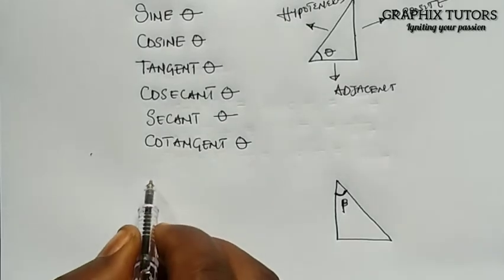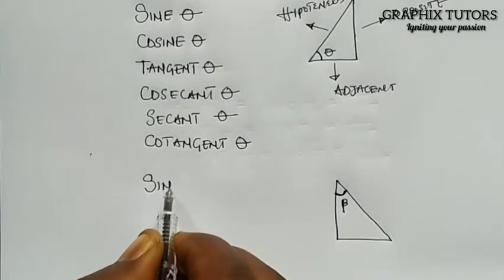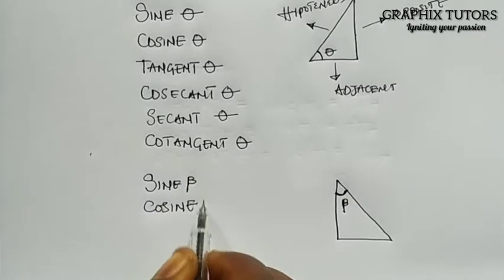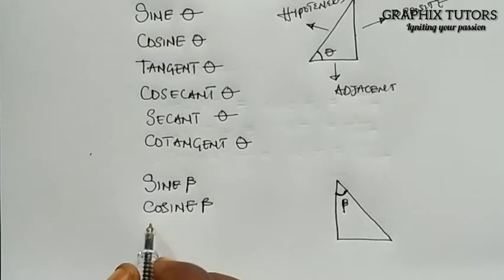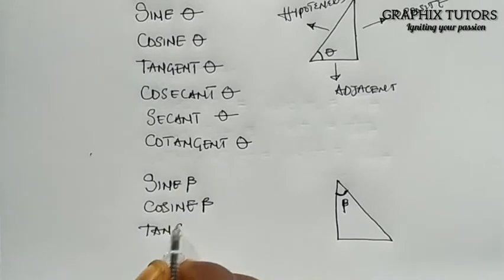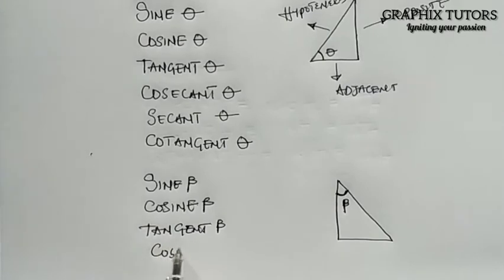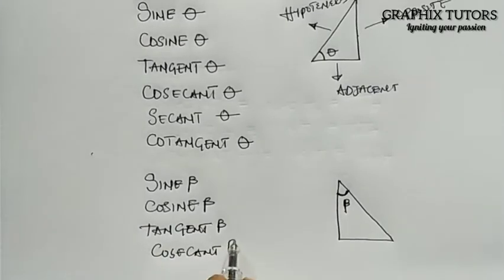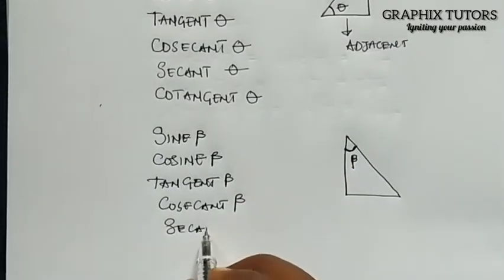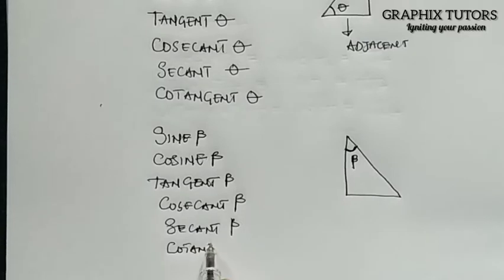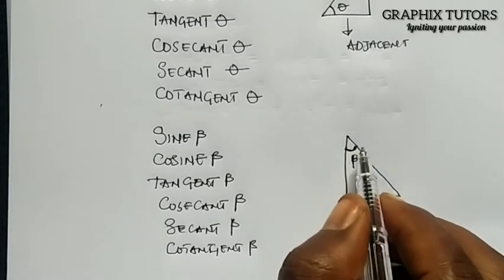Then I will now write sine beta, cosine beta, tangent beta, cosecant beta, secant beta, and cotangent beta, because I'm considering beta, right?